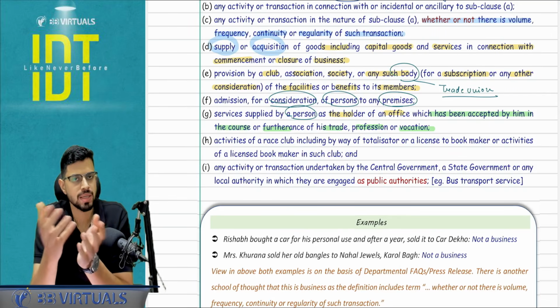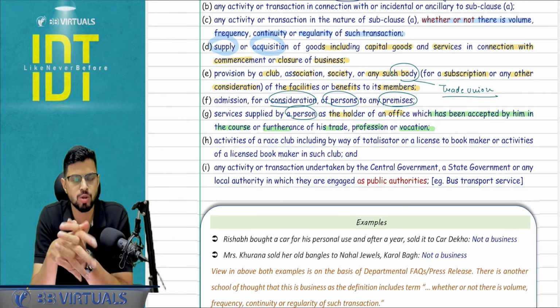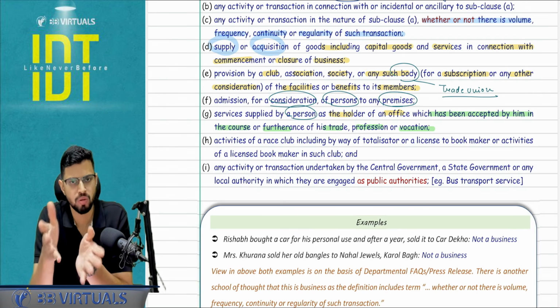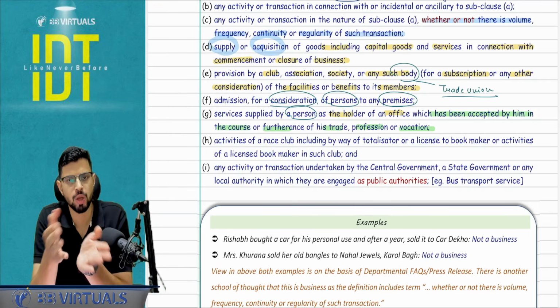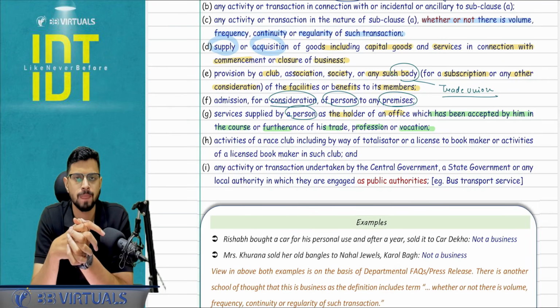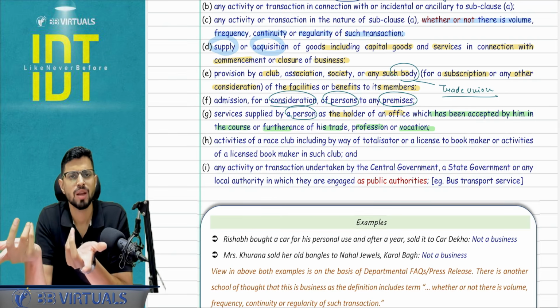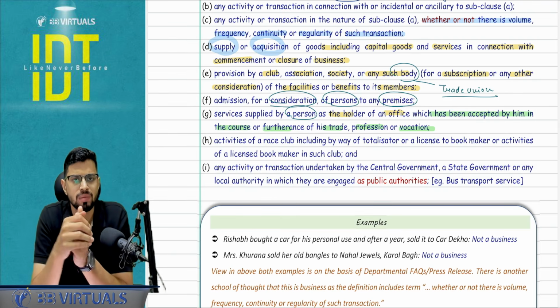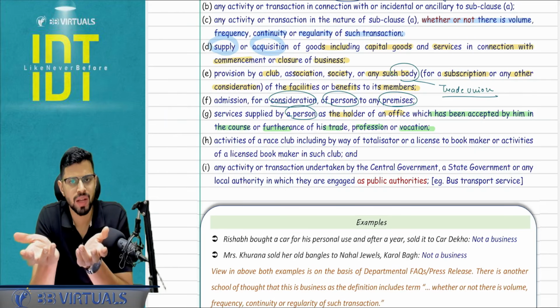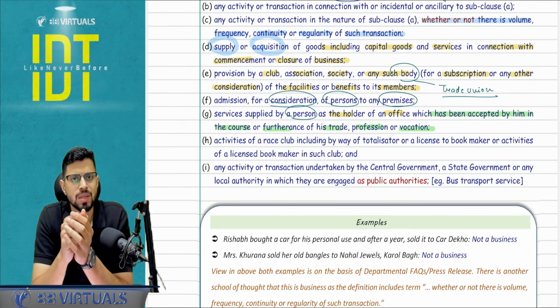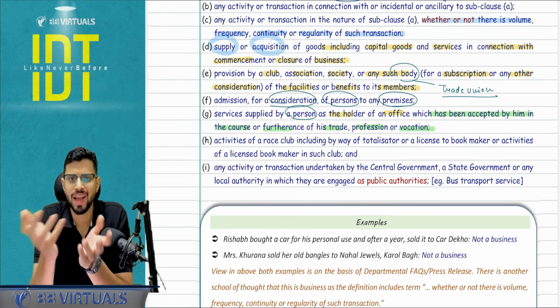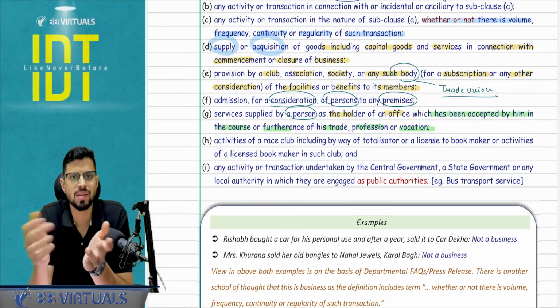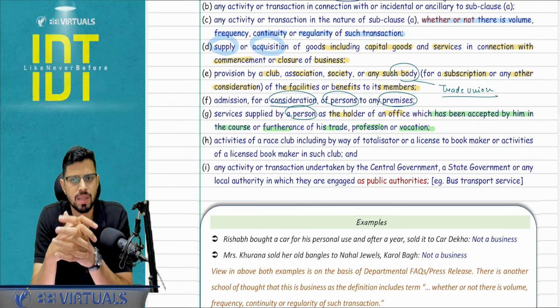My profession demands and I can do it as a part of my soil consultant. No, you have accepted that office. You're doing your profession. It is business. So holder of office means you are kind of taking a position. You're kind of taking a consulting position. It is a part of business. You will have to charge GST. So finance consultant, someone is working as a finance consultant, not on the payroll, doing business.